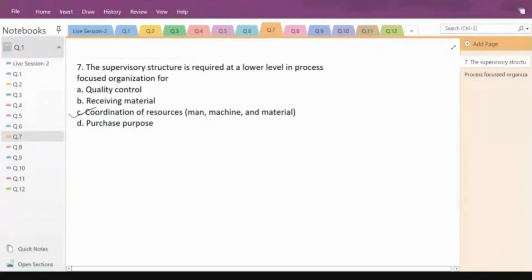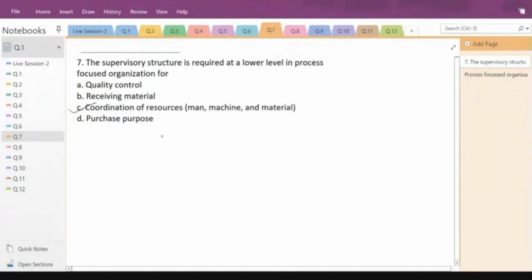So just write down a few points. And we also know this, like in a process focused organization structure, the lower level is a supervisor, the middle level is a manager, and the top level is the plant manager, who majorly oversees all the support functions. Yes, this is the correct answer.